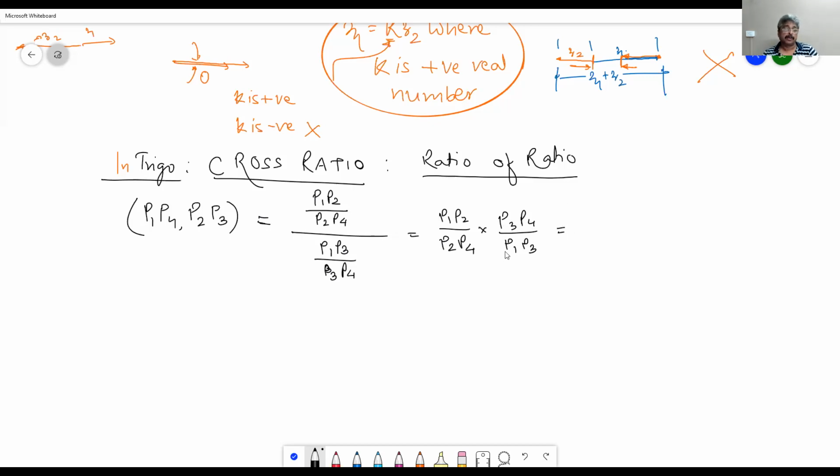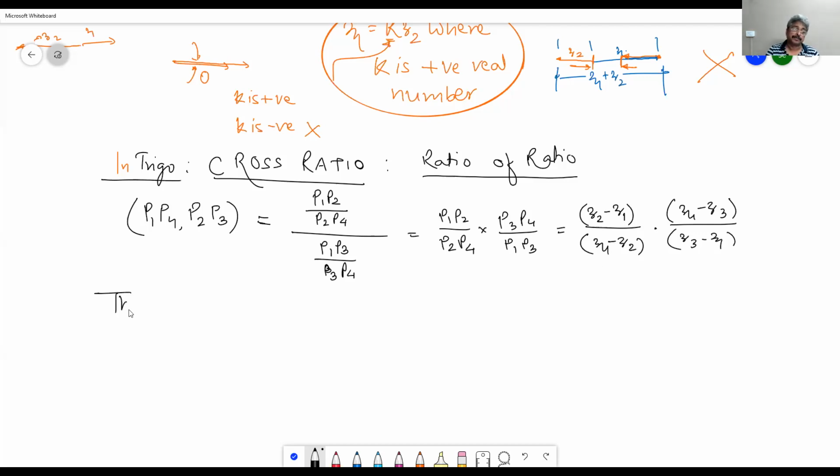Now, if P1 has got complex number Z1 and P2 has Z2, yes or no? Okay, so this is going to be the cross ratio in terms of complex numbers.